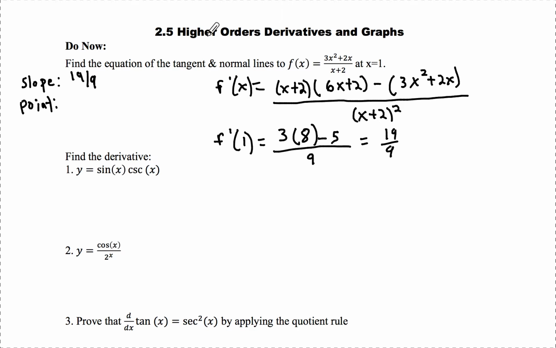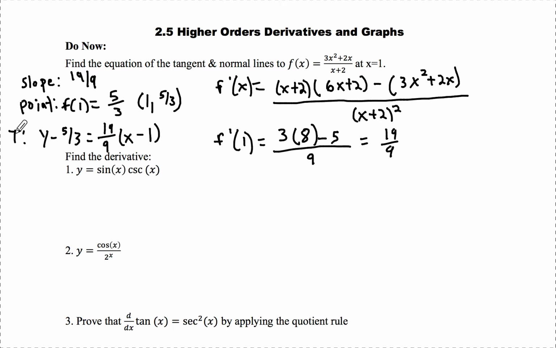But we need to write the equation of the tangent and normal line, so we also need the point. Let's plug 1 into our function. We need to find f of 1. F of 1 gives me 5 up top over 3 underneath. So the point is 1 comma 5 thirds. My tangent line is y minus y1 equals the slope, 19 ninths, times x minus my x value.